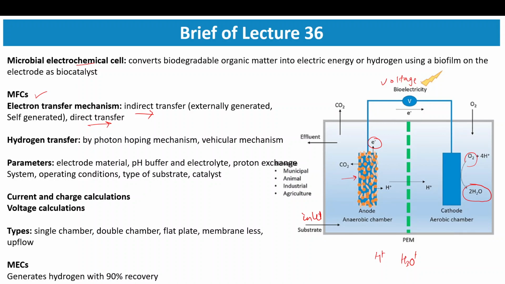Now the parameters here: electrode material, mainly the material used for anode and cathode, which can be carbon or graphite form or some other materials.